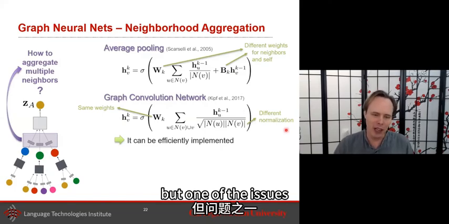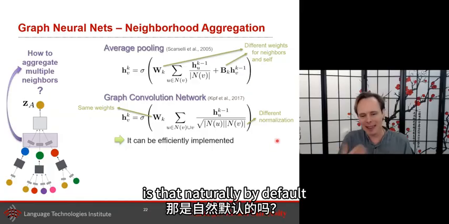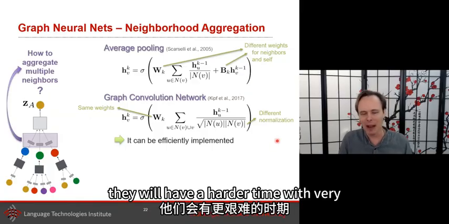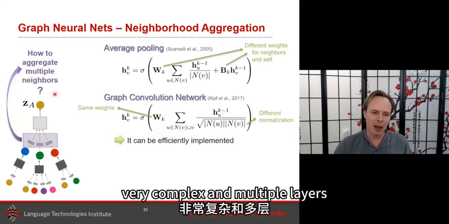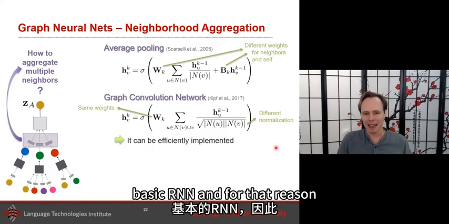But one of the issues with average pooling and graph convolution networks is that, by default, they will have a harder time with very complex and multiple layers. They will have the same issue that we've seen in some basic RNN.